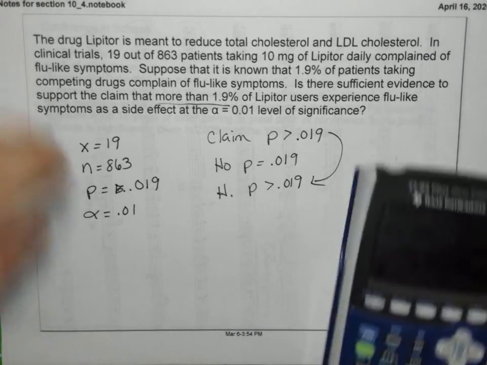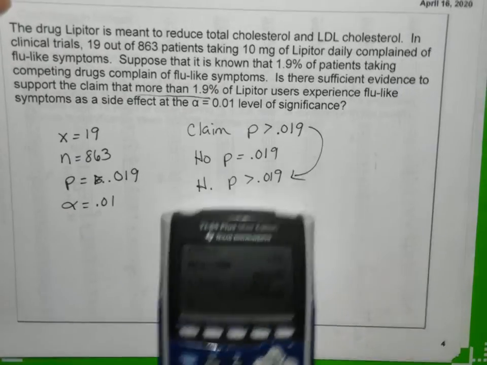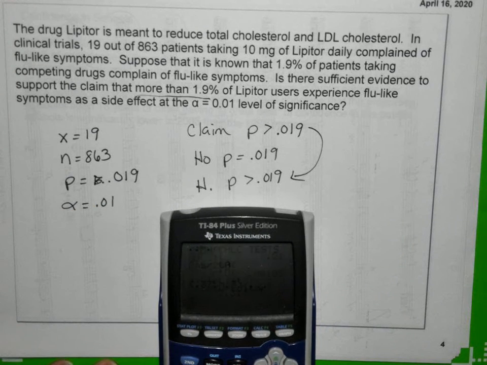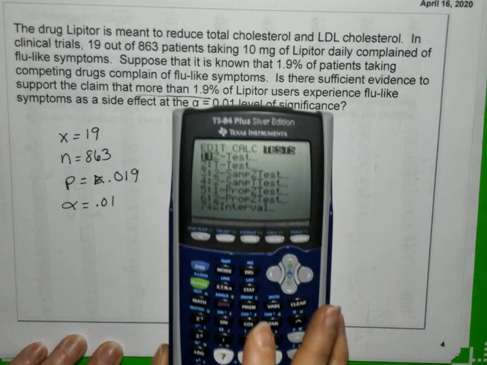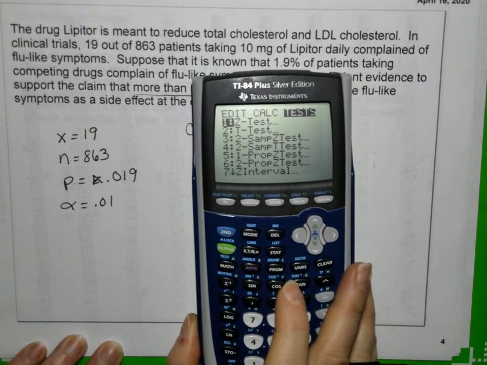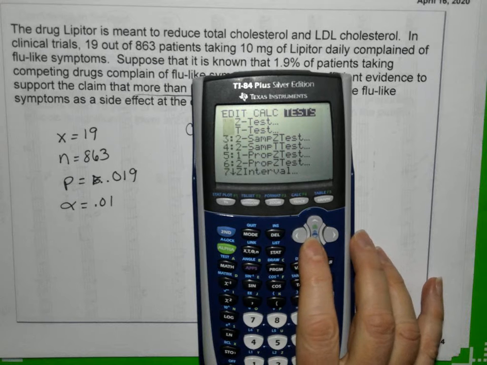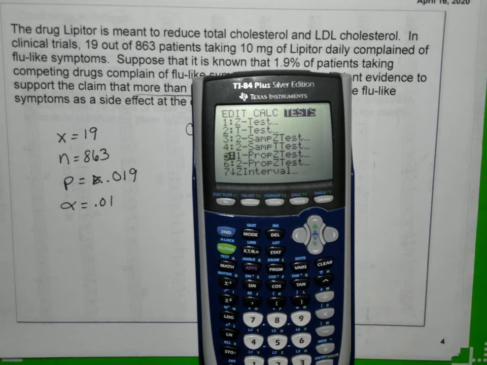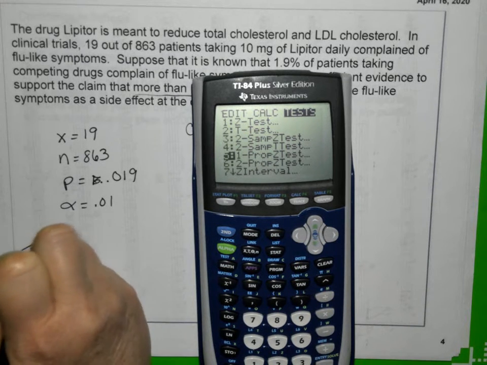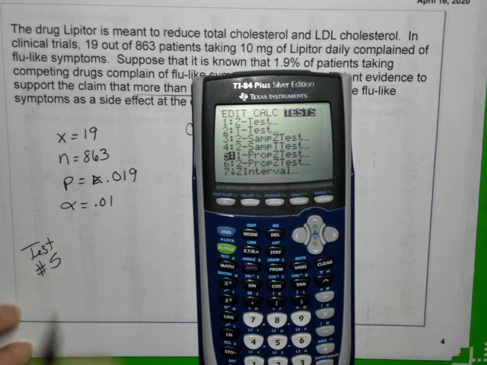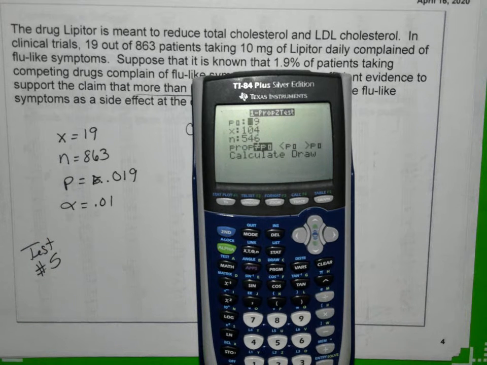All right, so I grab my calculator, and this time we're going to go to Stat, and we're going to go to Tests, and the test we're going to use in this case is the 1-PropZTest, which is number 5. So test number 5, and we hit enter.